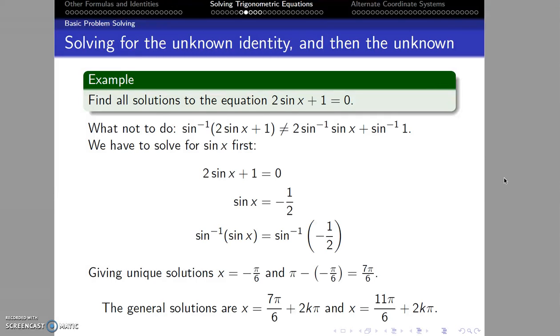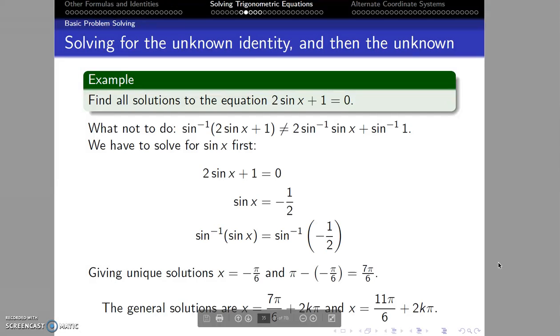Welcome back to inverse trig. And the other unique solution, the other non-coterminal solution, is going to be the supplement of that, or 7 pi over 6, which we get by pi minus negative pi over 6. So that's 7 pi over 6. And I guess that's not truly the supplement, deal with it.